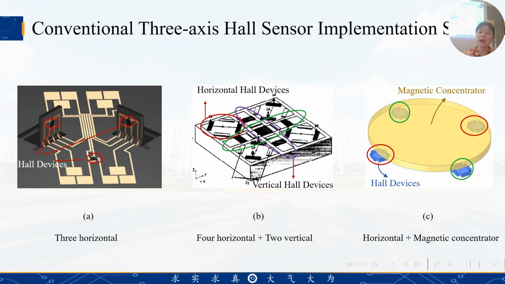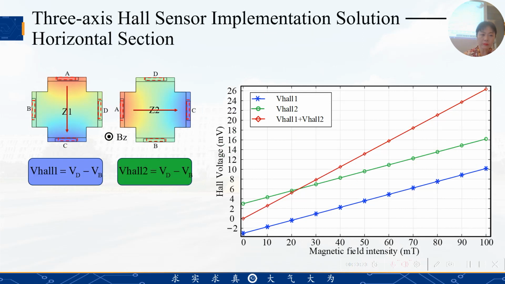Finally, horizontal plus magnetic concentrator can also make a three-axis Hall sensor. But this magnetic concentrator needs a special process. For example, a company in Belgium uses a special process to fabricate the magnetic concentrator.